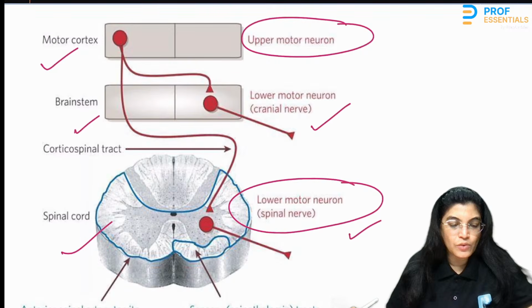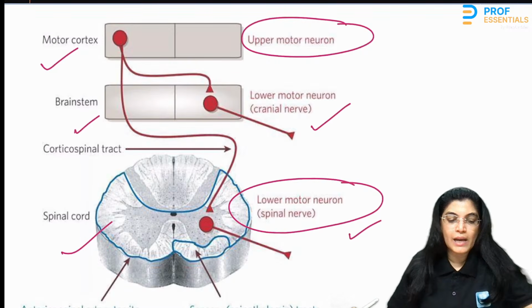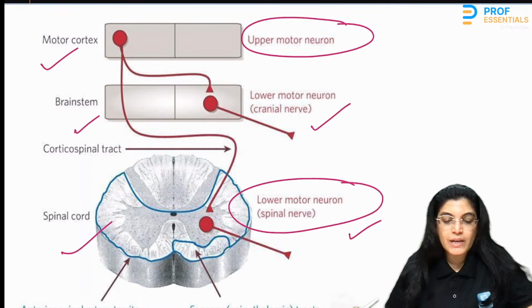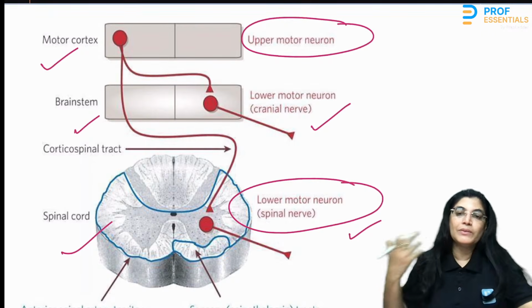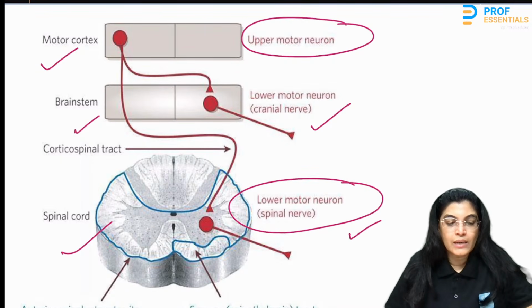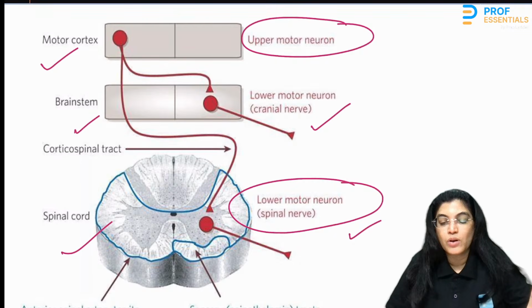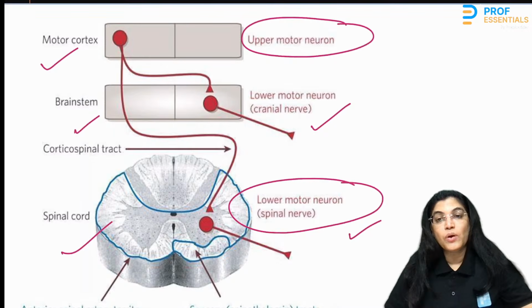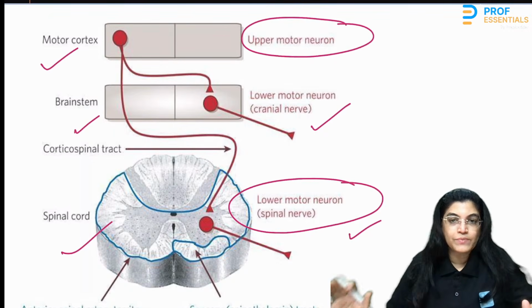Now, let's also talk about the synapse. We should know about the different types of synapse and its classification. The synapses are axodendritic, axosomatic, and axoaxonal. Three types of synapse are there.